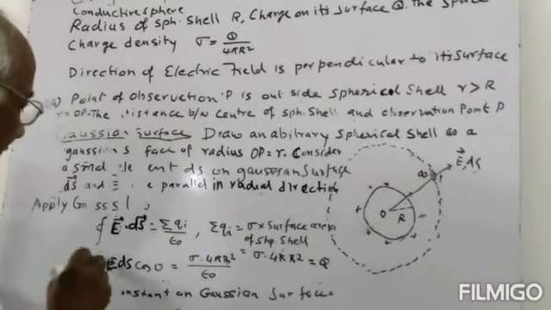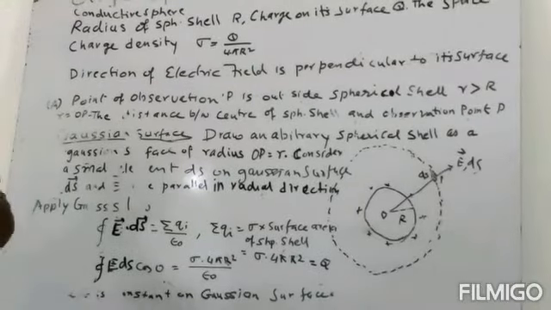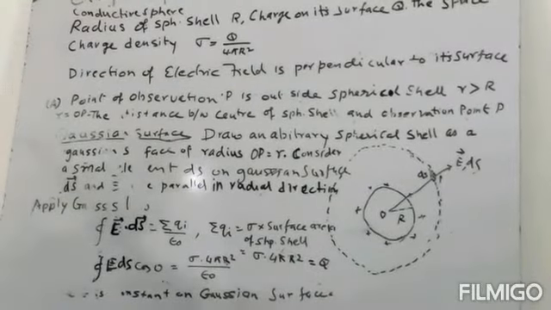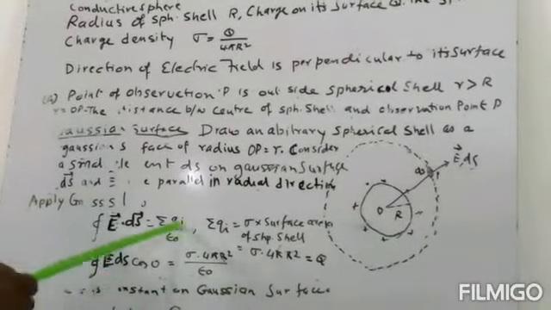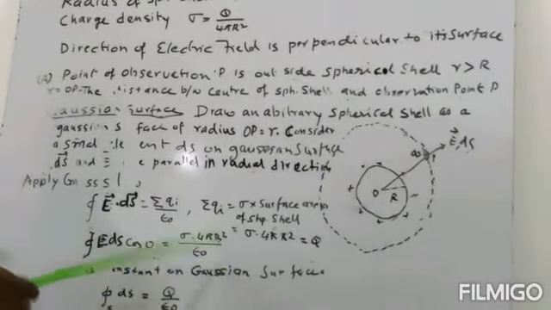The surface integral will be equal to total Q divided by epsilon 0.